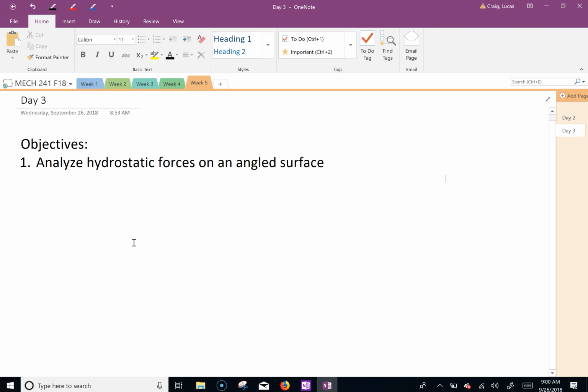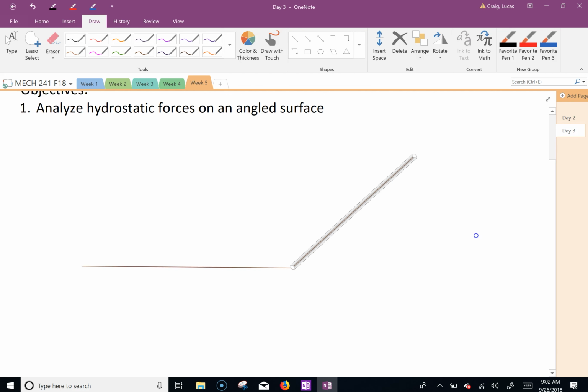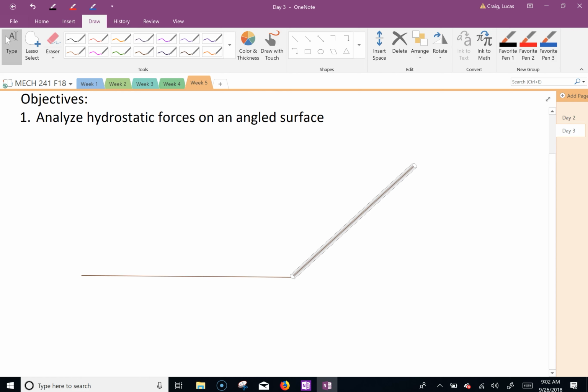All right, so today we're going to focus on hydrostatic forces on angled surfaces. And here's the water line. And here's the free surface.